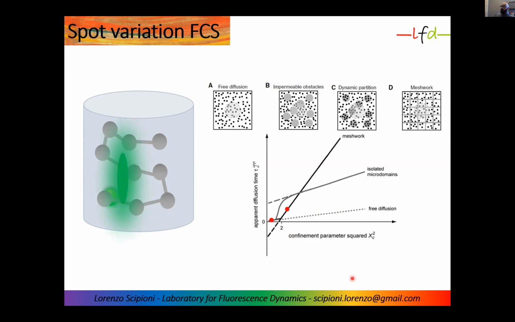Increasing the volume, you will get a higher contribution of the interaction with the mesh, so you will no longer walk along the free diffusion curve, but you'll start needing more time, basically, to cross the illumination volume, right?